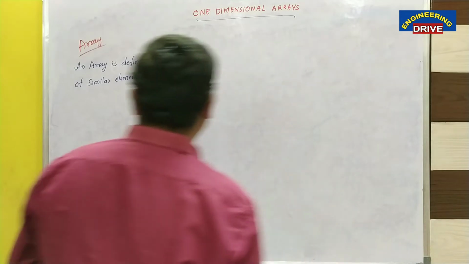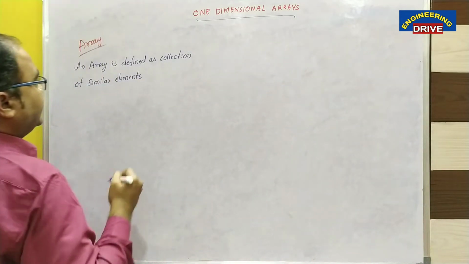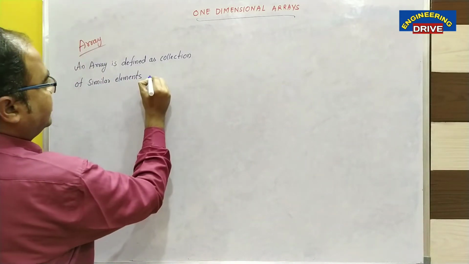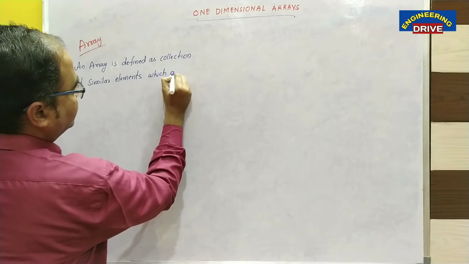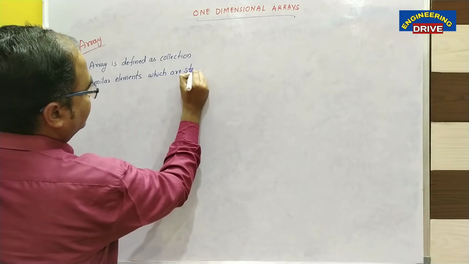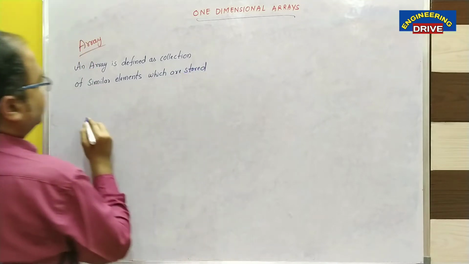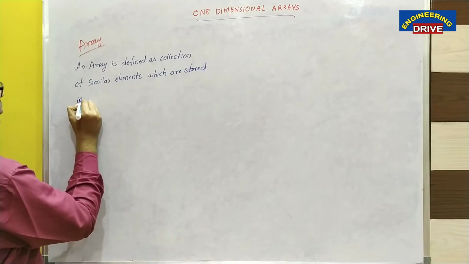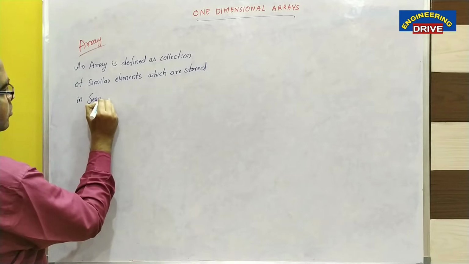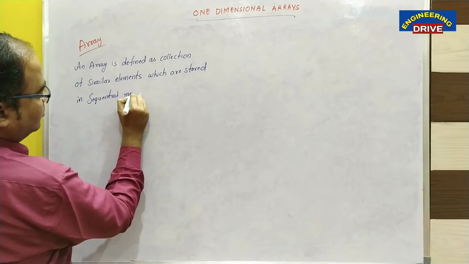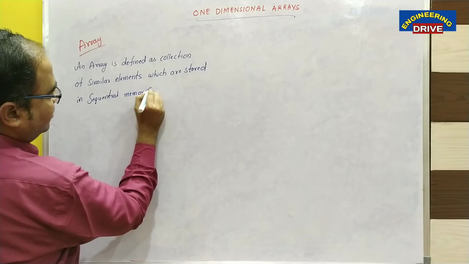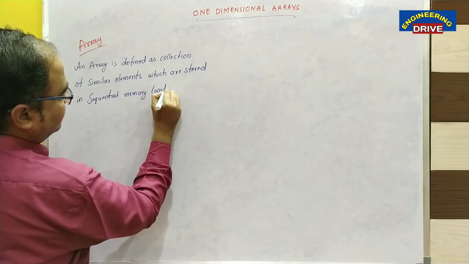And how are they stored in memory? An array is defined as a collection of similar elements which are stored in sequential memory locations.